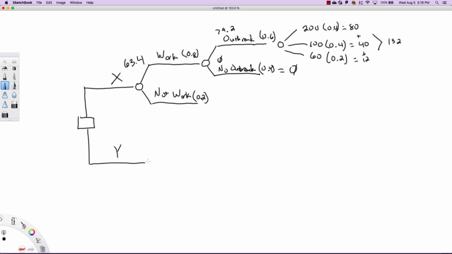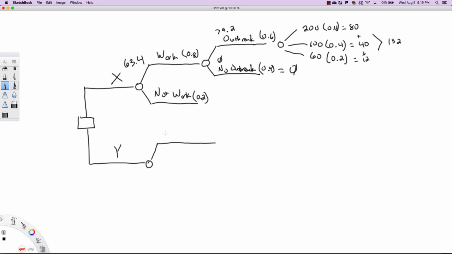Now if they go with drug Y, again, there's another little probability chance circle there. Drug Y, just like drug X, can work or not work, but in this prompt, I split it out into three possibilities.